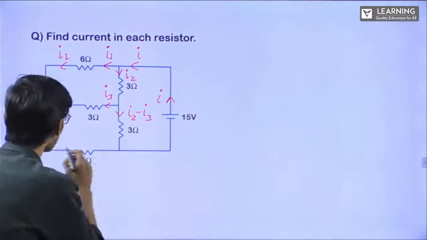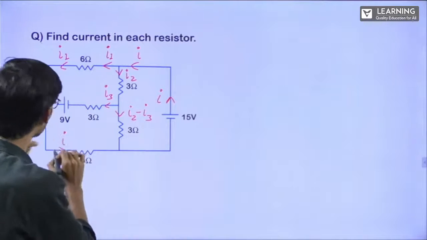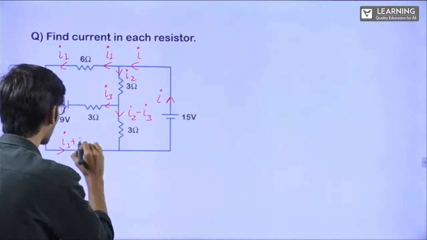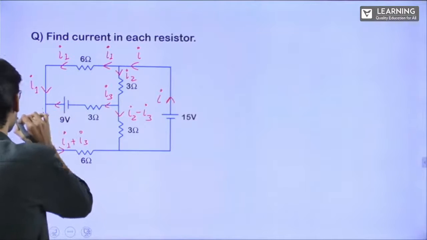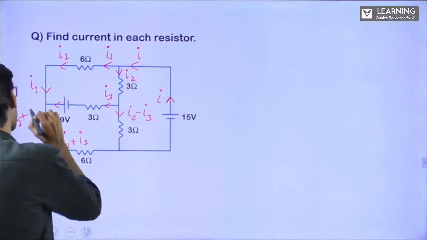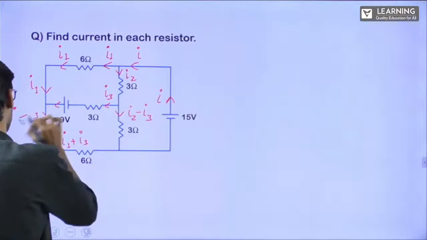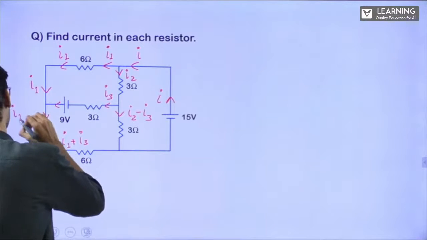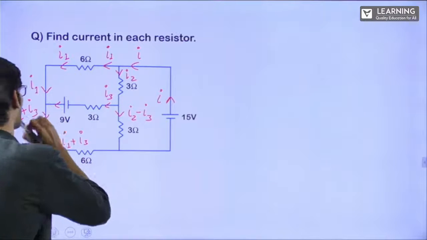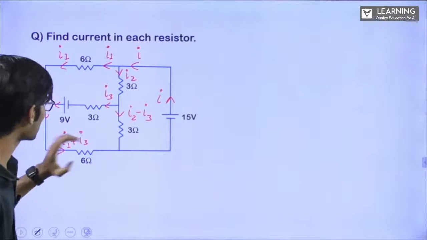Alright. Now see, from here, again I1 is going, no, I1 plus I3 is going here. I3 is coming from here, I1 is coming from here, so I1 plus I3. Clear? So I1 plus I3 is going here.